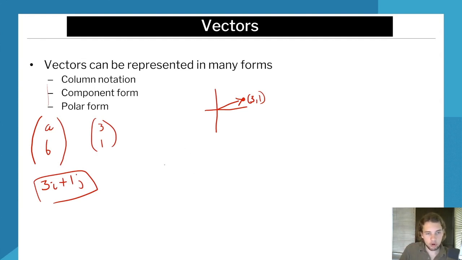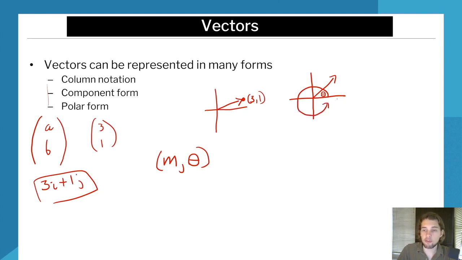Now, polar form represents a vector more as what it is. It represents a direction and a magnitude. So that would be magnitude first and then direction. If we're thinking in terms of a Cartesian plane, we would usually represent the direction as an angle anti-clockwise from the x-axis.